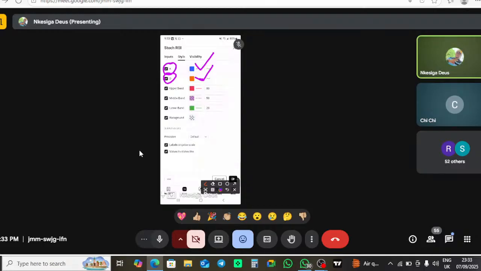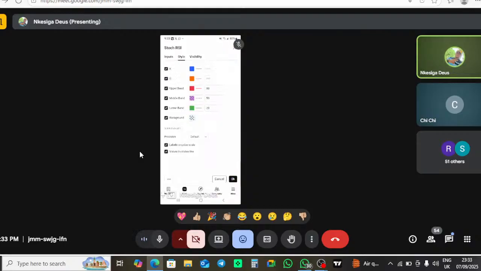K and D are the lines that you normally see moving like this. Those are the lines we are marking now. We all know that the blue one is always the signal line. It is always the one which is in front.